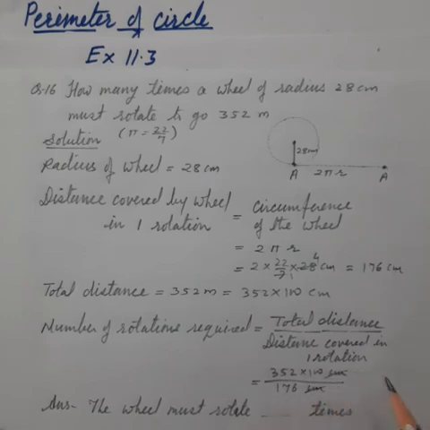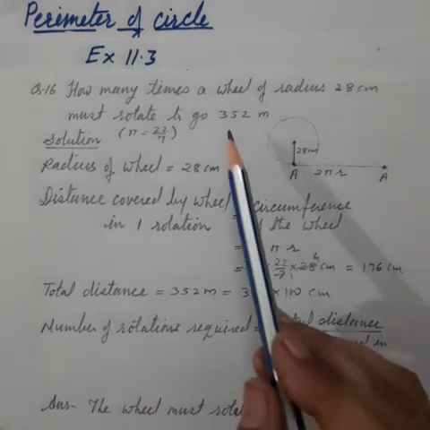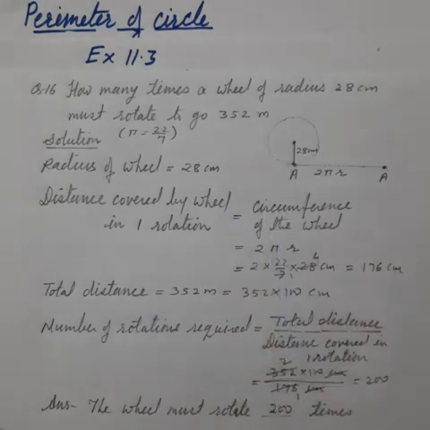This centimeter will cancel. 176 1s are 176 and 176 2s are 352. 2 into 100, 200. So the wheel must rotate 200 times to cover 352 meter distance.